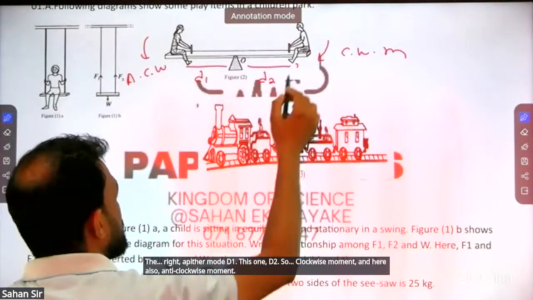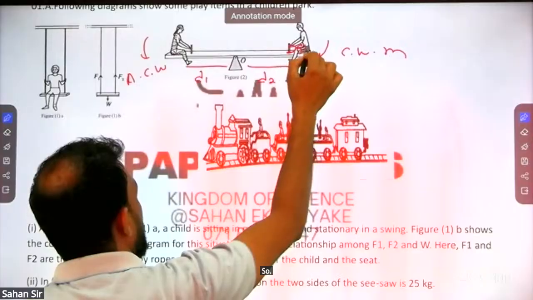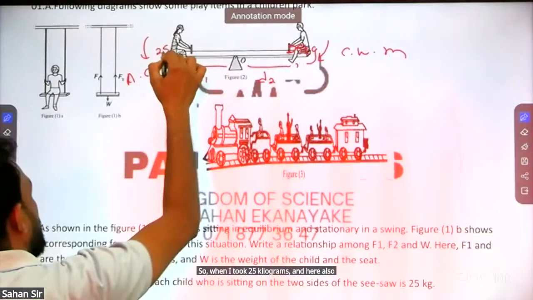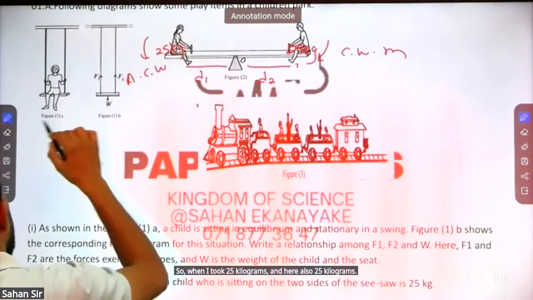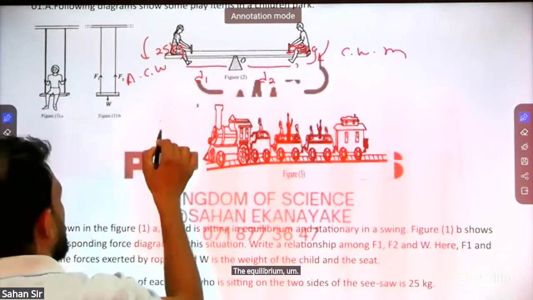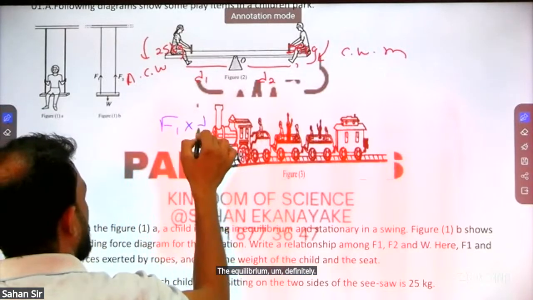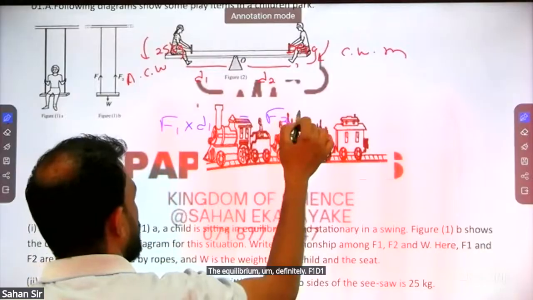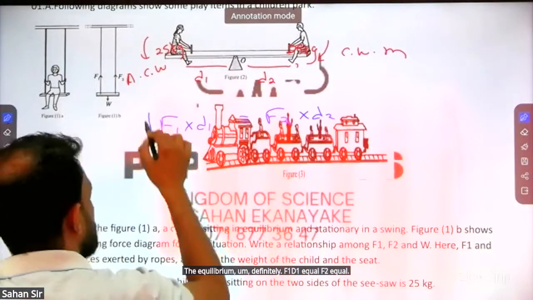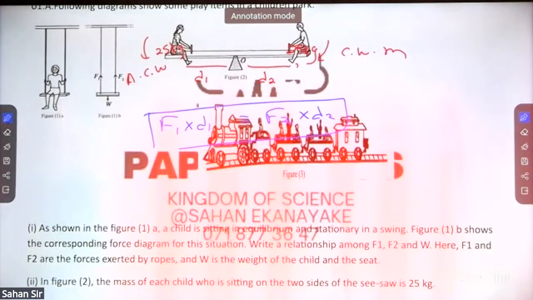So mass එක 25 kilograms and here also 25 kilograms. With the equilibrium now, definitely F1 D1 equal F2 D2. Right. Is it clear?